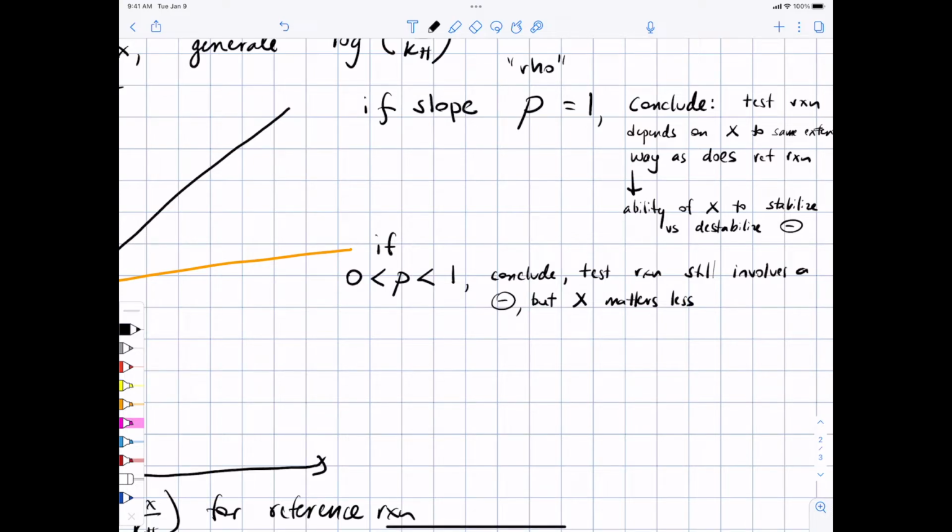And why might it matter less? Remoteness of X and the charge. It might also be a smaller amount of charge.